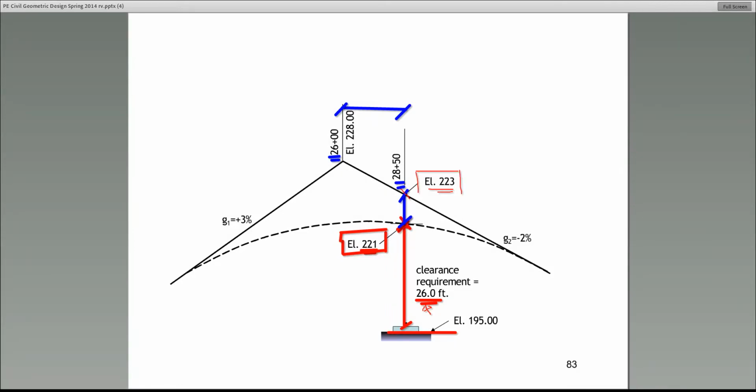The 223, it's either given to you or, look, you can get it from this information right up here. You know the gradient of the forward tangent. You know the elevation at PVI. You can calculate that elevation of 223. Let me know if that answered your question. All right, you got it?